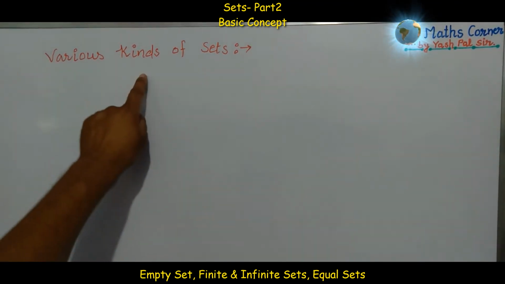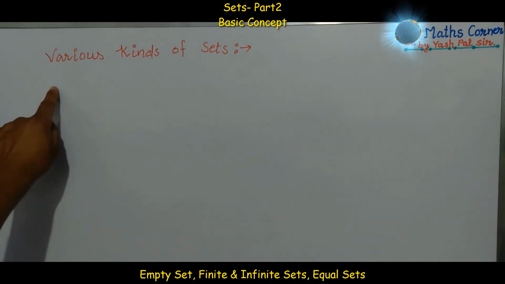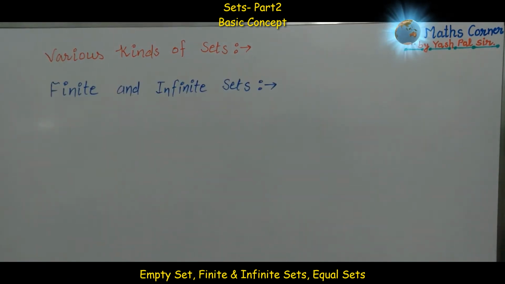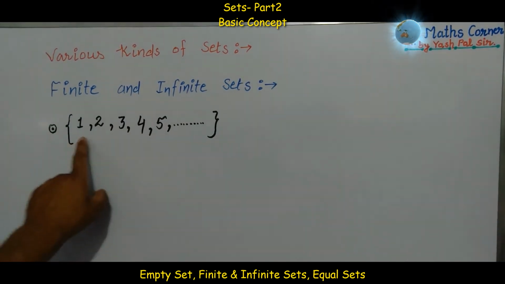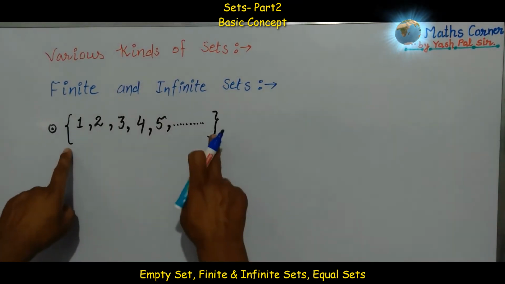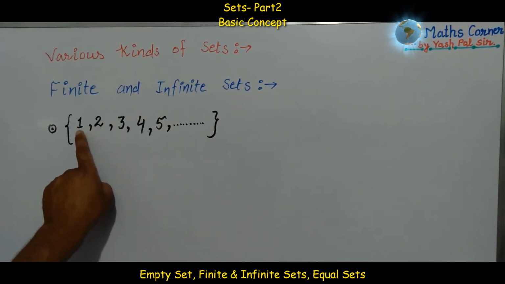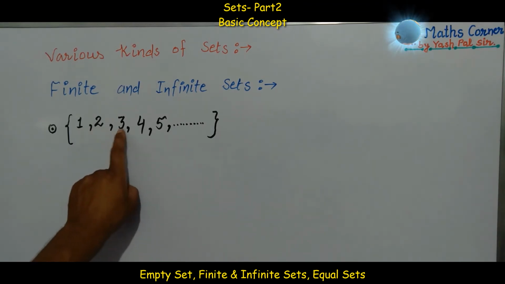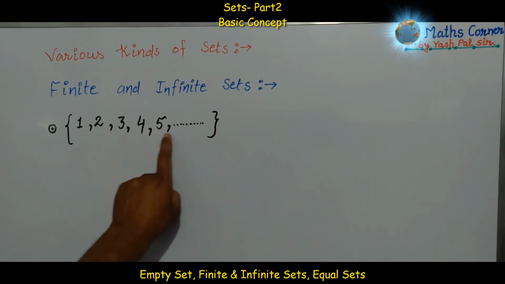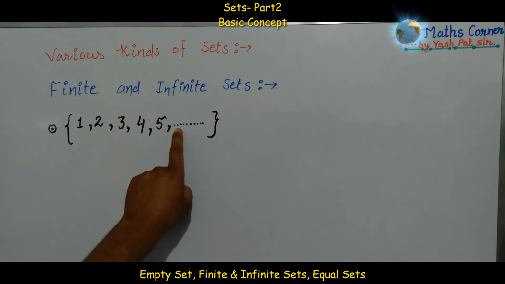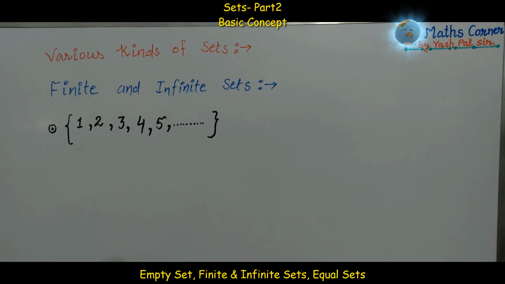Under various kinds of sets, next are finite and infinite sets. Let us consider one example here. Suppose we have this collection. Inside the curly bracket we have the elements 1, 2, 3, 4, 5. Of course we can predict what should be next: 6, 7, 8, etc. They are the natural numbers starting from 1 and onward.